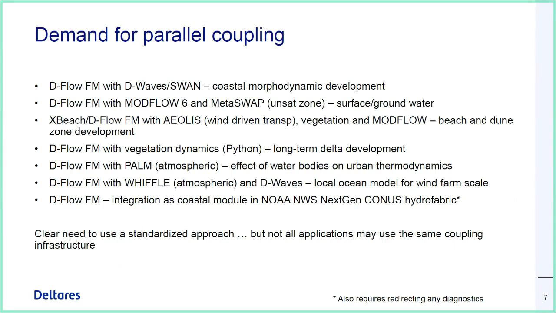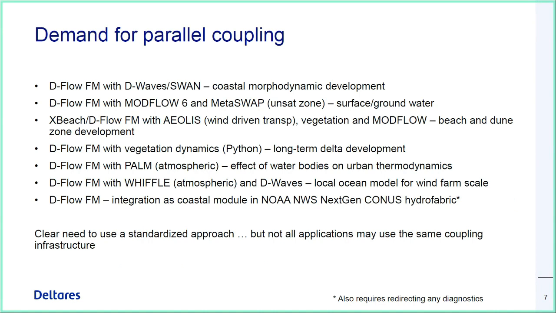Joshua online triggered a question with D-Flow FM with PALM for urban thermodynamics, to see if we can couple it, where PALM is already running up to 1,000 processes. Can we then link it up with a model for the water bodies? We have a similar case with wind farms with another model, not yet complete, but discussions are going on.